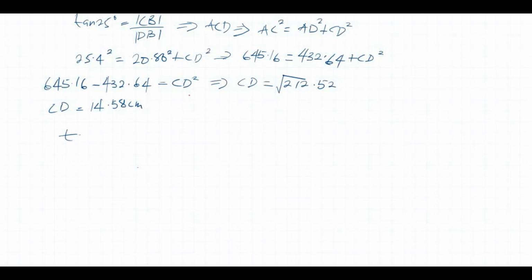With tan 25, we have CD, 14.58, all over length DB.